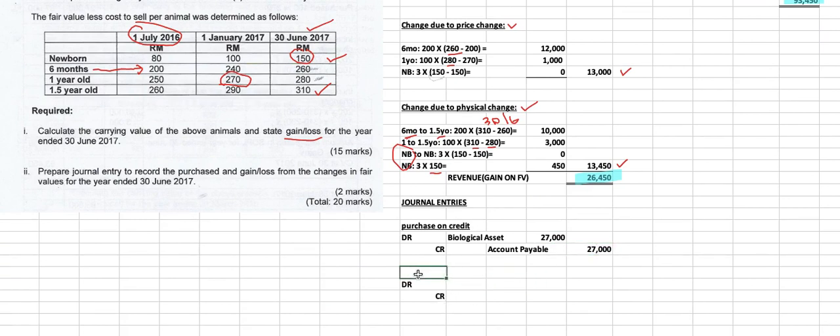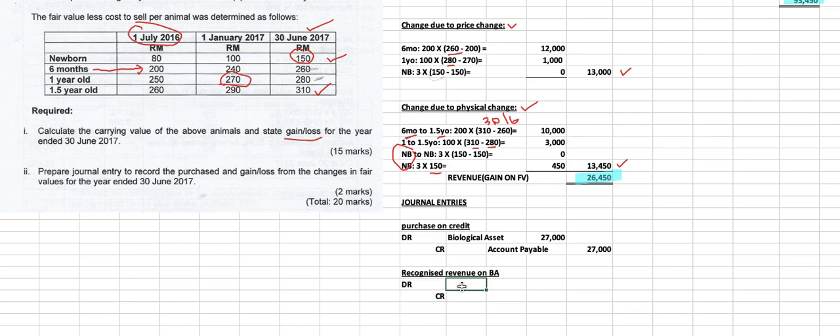Next one, when you earn this revenue, to recognize revenue on BA. So you will debit when revenue will actually increase the value of your asset.